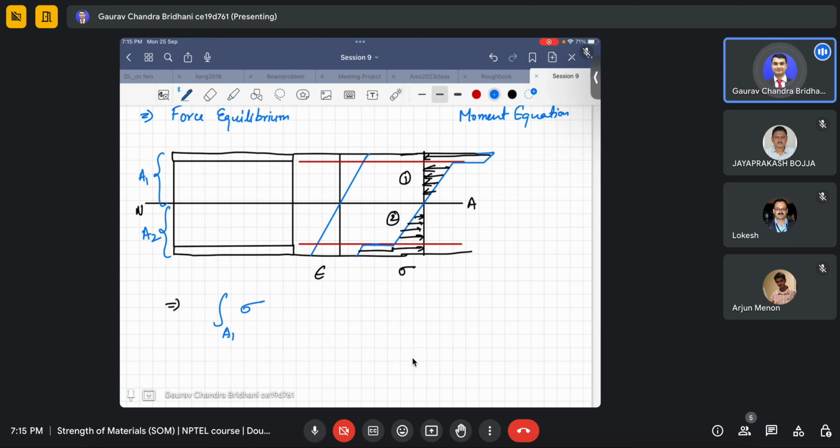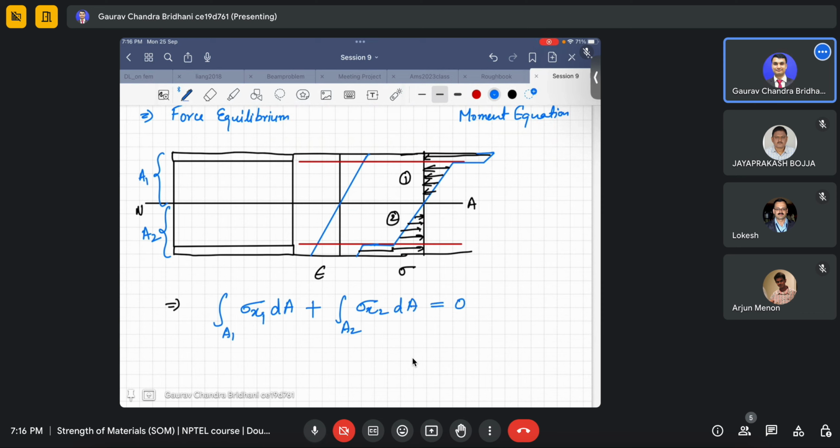I write sigma x dA, as I told you how to find force, plus the integral over A2 of sigma x2 dA is equal to 0.